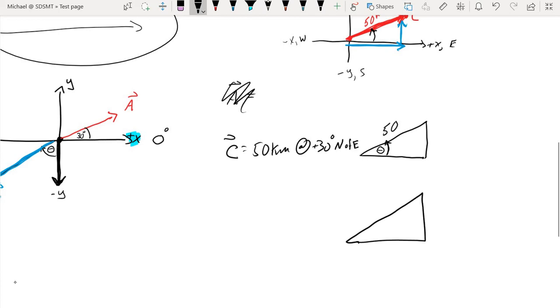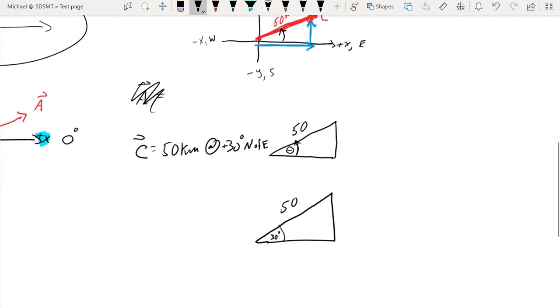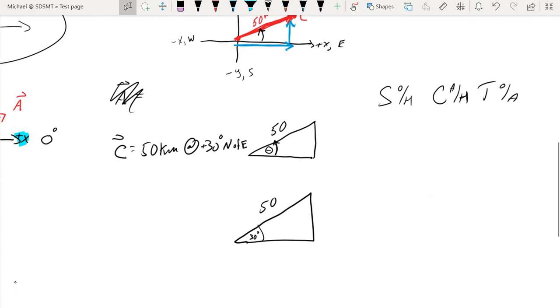Well, now that I have this information, we can let the trig take over. And back in your trig days, we all should have memorized this little saying, SOHCAHTOA. And this reminds us of how all of our trig functions are going to fit together.